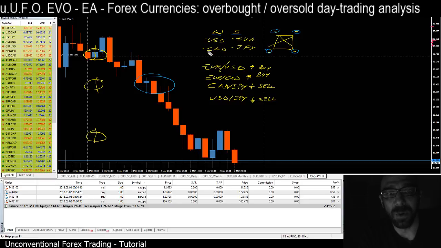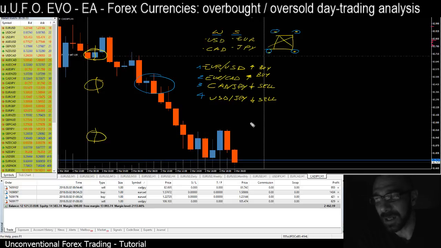So we have 4 trades to control, and if something wrong happens, or we see that the values are completely changing over the day, we can take action very easily without becoming crazy.